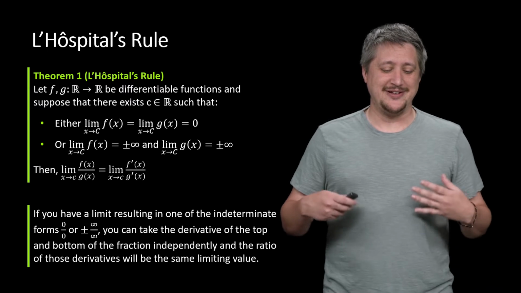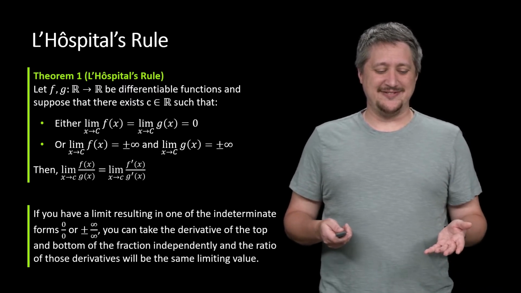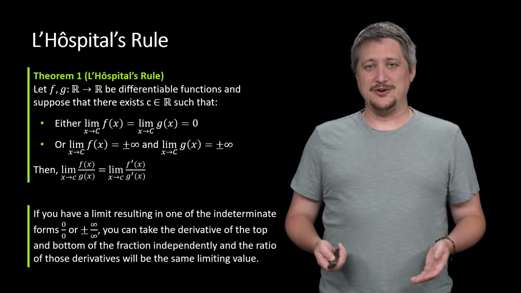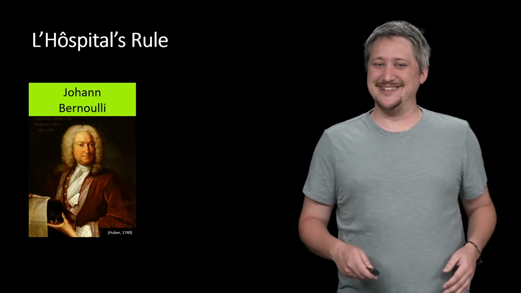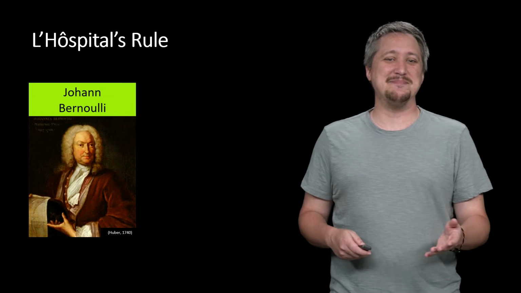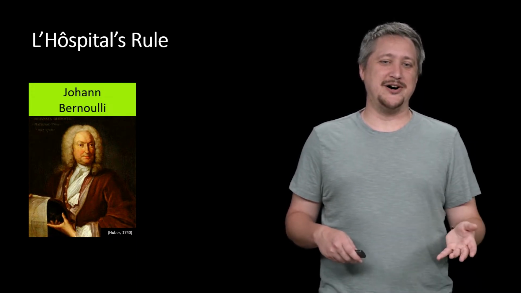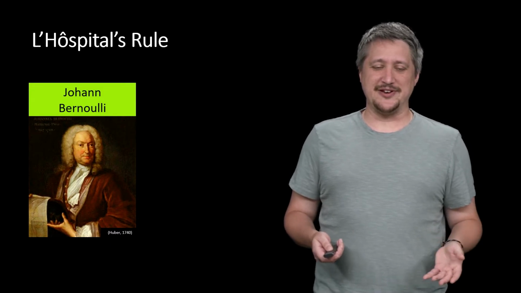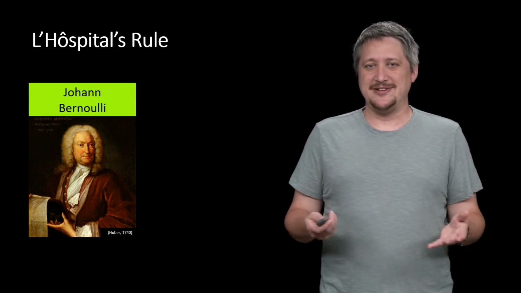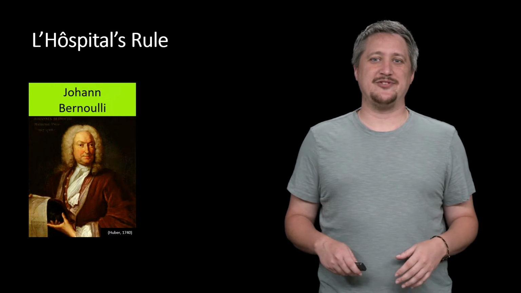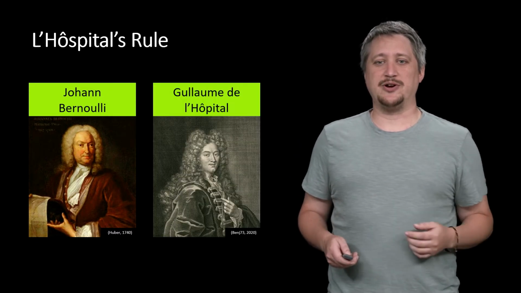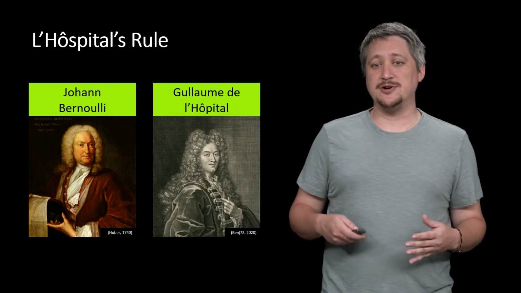This original theorem was written by, maybe surprisingly, not a guy named L'Hopital. It was originally proven by Johann Bernoulli. But like most mathematicians of his era, he was not particularly wealthy, so he had to have patrons, which is where L'Hopital came in. L'Hopital was a mathematician.